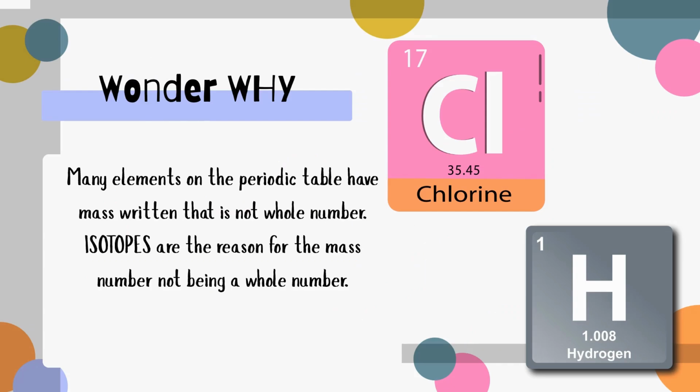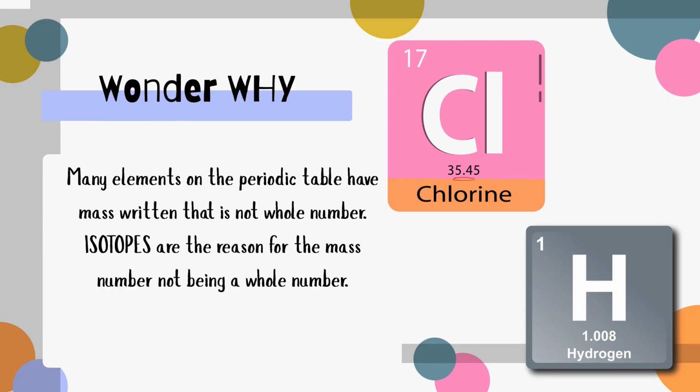Have you wondered why many elements on the periodic table have mass written that is not a whole number? Isotopes are the reason for the mass number not being a whole number. For instance, for chlorine, the mass is 35.45.